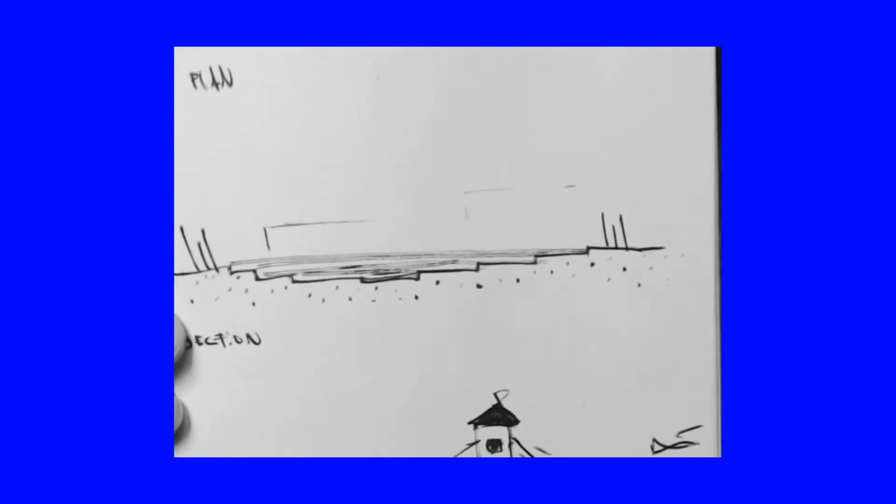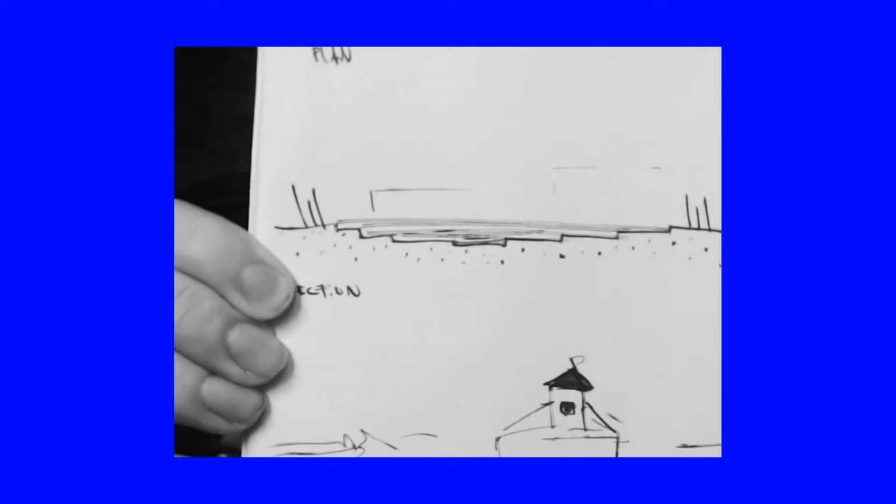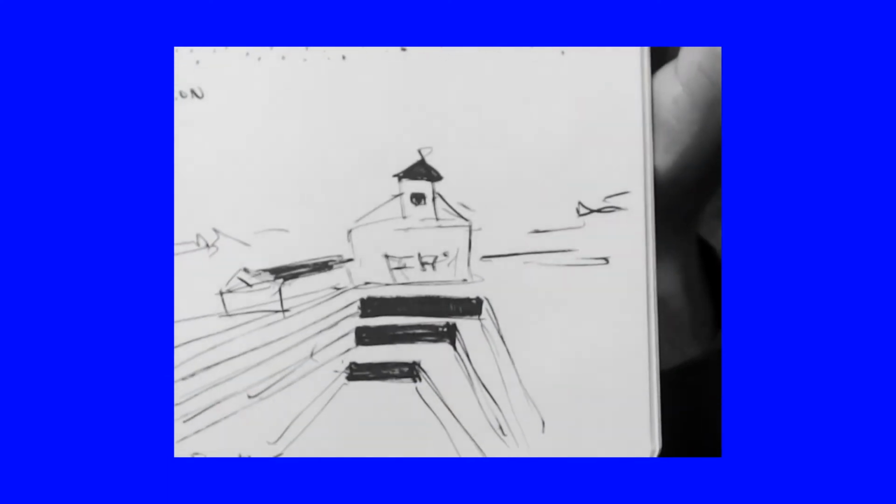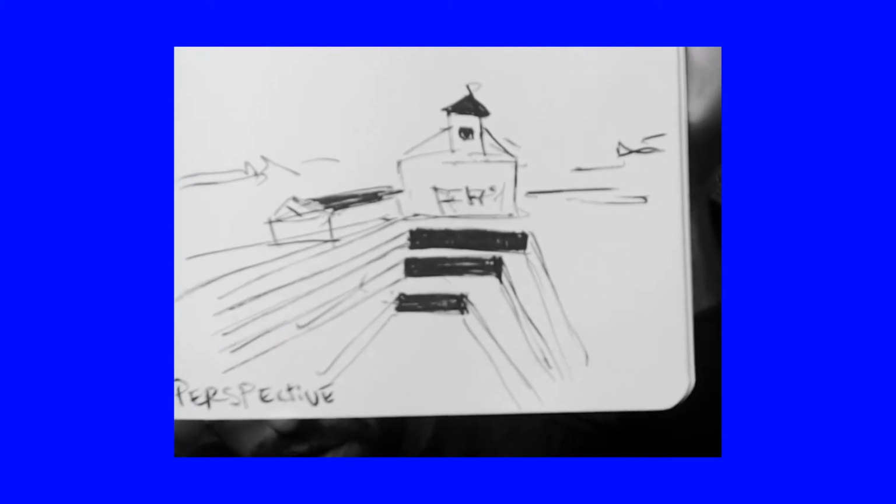If we go back to this one and I pull up the camera, you can see I've got some little test sketches. Test sketches that I've made. We've got a plan, we've got a section, and we've got a little bit of a perspective going on.